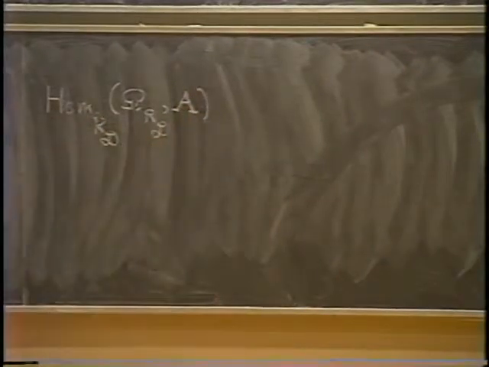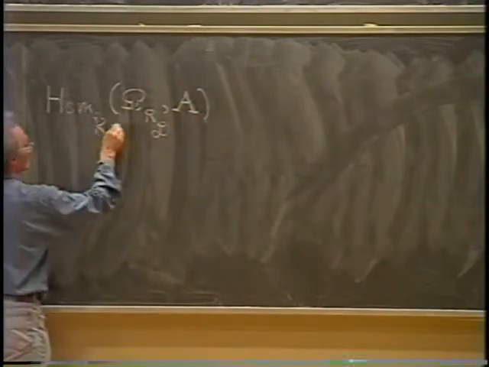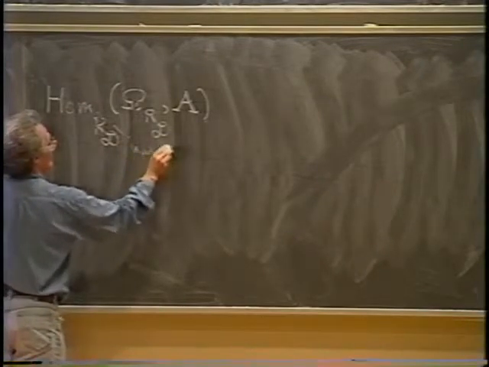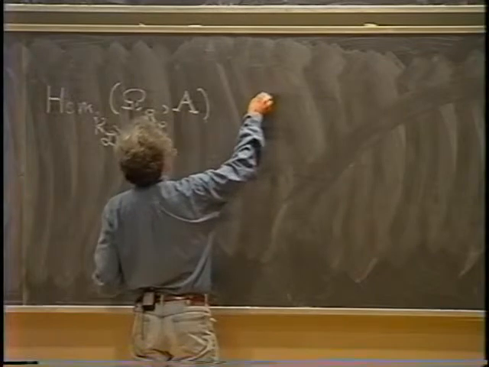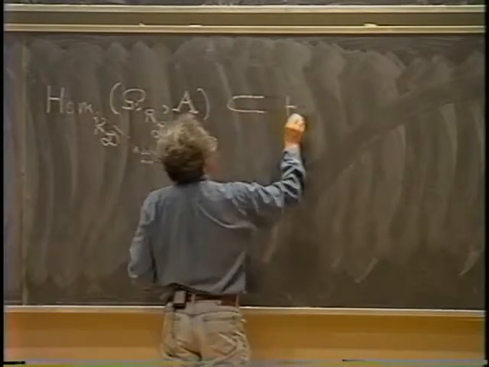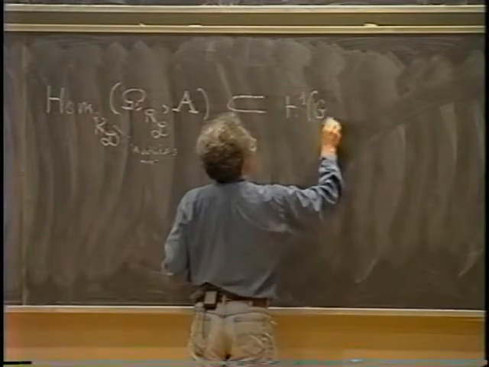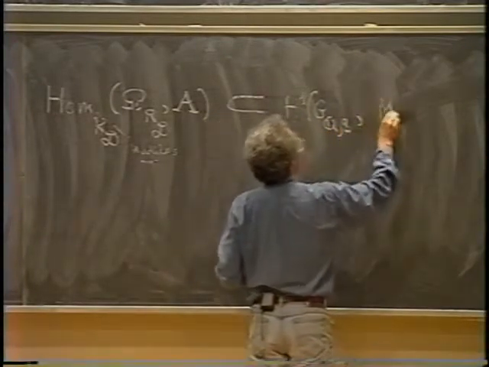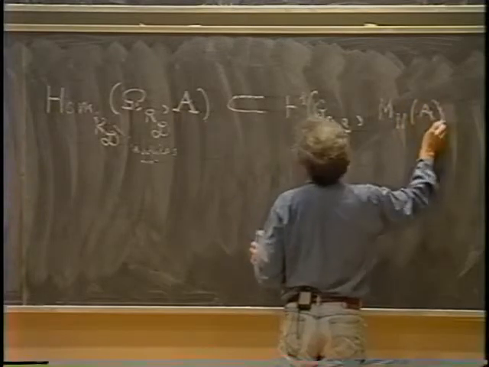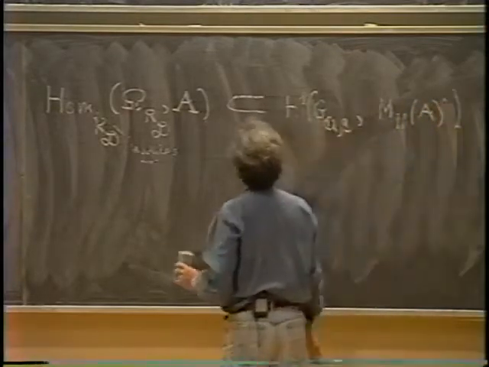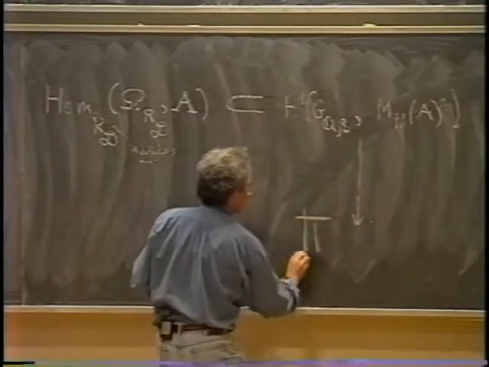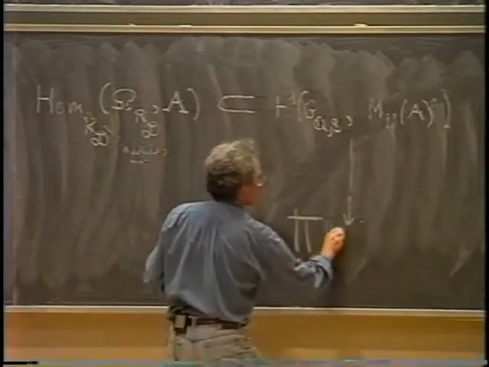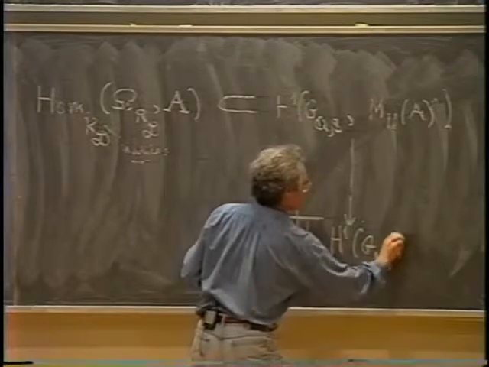It's an R_D algebra. This is contained in H^1 of G_{Q,S} with coefficients in M_N of A, now with a 0, which maps to the product for l in S of H^1 of G_l with coefficients in M_N(A).